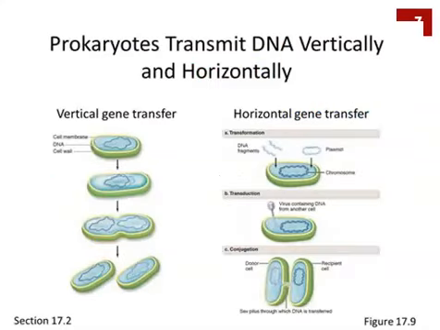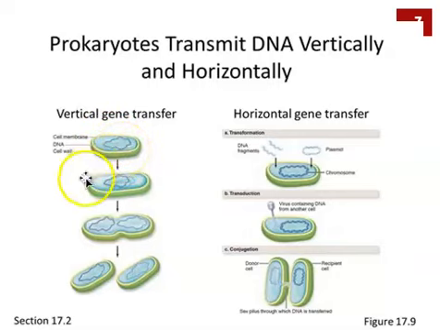So what we have on this slide is a drawing depicting the two kinds of ways that prokaryotes transmit their DNA. Vertically, which is what we think of as the classical way that you transmit your DNA from one generation to the next. And that's what they're showing us on the left. Here's a parent cell, and you can see the nucleoid, the circular chromosome in the cytoplasm.